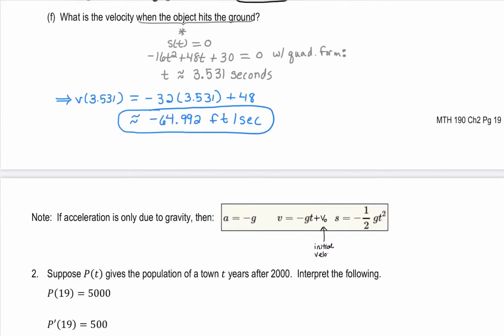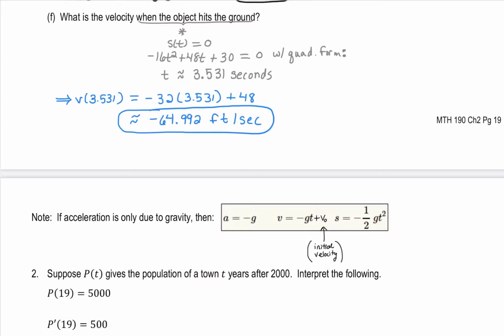And it's not crucial that you have these three formulas memorized, but it's just kind of useful to make this observation. We're going to come back to this many times throughout the course. And then the position function ends up being negative 1/2 of that gravity times t squared.